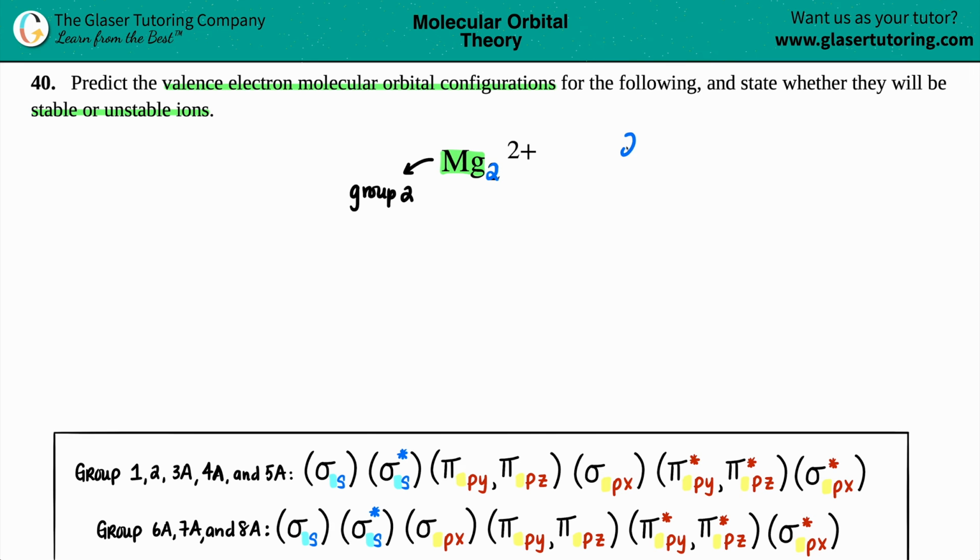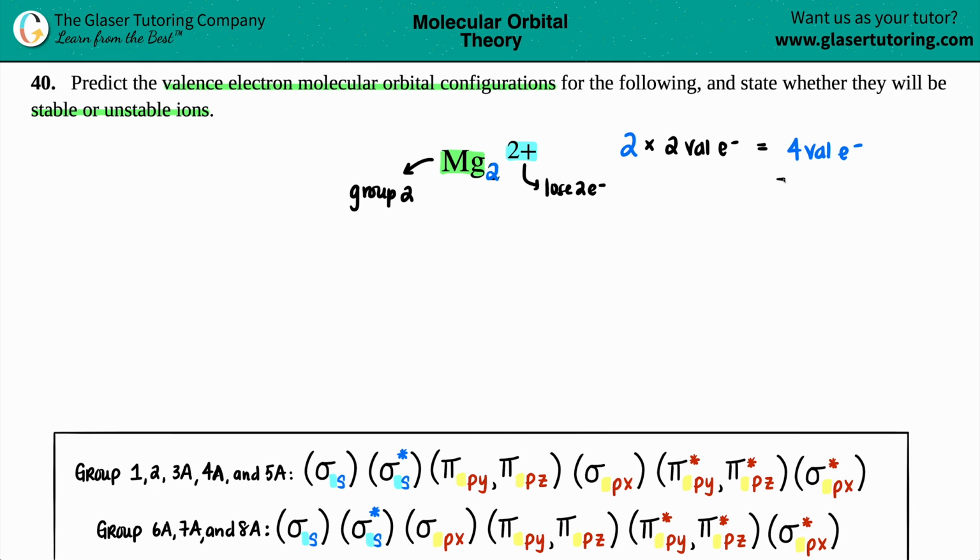So if I have 2 magnesiums and each one has 2 valence electrons, I'm going to just multiply it by 2 valence electrons. So right now, the total that I have is 4 valence electrons. But it can't be that simple. They tell us that we have a charge here of +2, and plus means we're going to lose 2 electrons from our total.